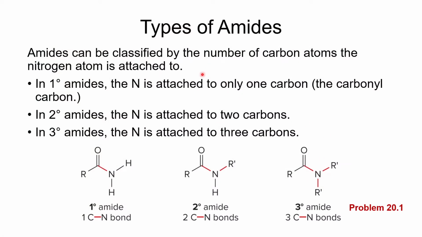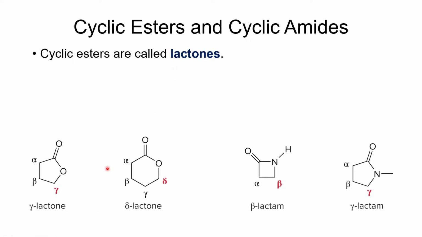All right, so let's look at next cyclic esters and cyclic amides. And so cyclic esters we're going to call lactones. And so these are a couple of examples of lactones, and cyclic amides we're going to refer to as lactams.